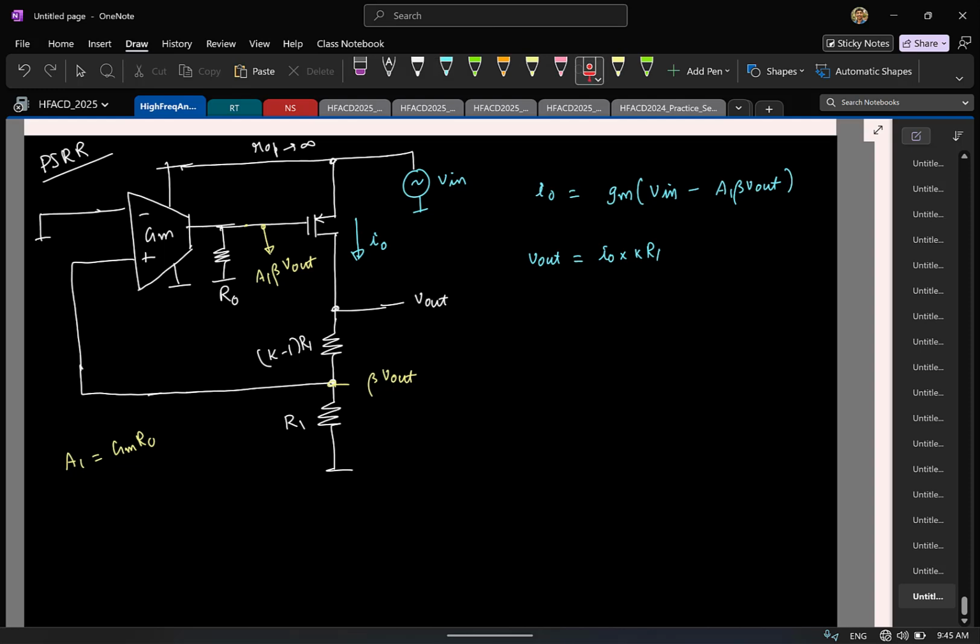Ignoring the r0 of the PMOS transistor, if you simplify it, you get gm of the PMOS times K times R1 divided by 1 plus beta A1 times gmp times K times R1.